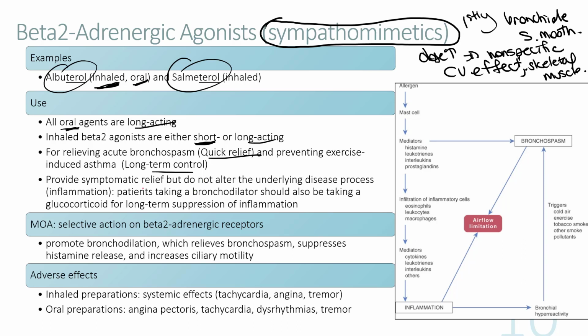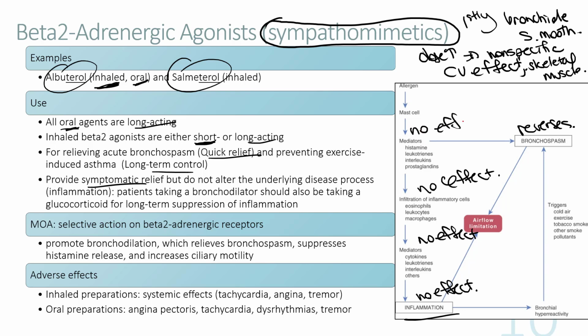All right, so again, what this does is it reverses bronchospasm, and so it provides symptomatic relief, but it does not have an effect on inflammation, no effect on the infiltration of inflammatory cells, and no effect on the release of inflammatory mediators and other mediators as well, right? So again, if a person with asthma is taking a bronchodilator, they should also be taking a glucocorticoid to actually have an effect on all these.